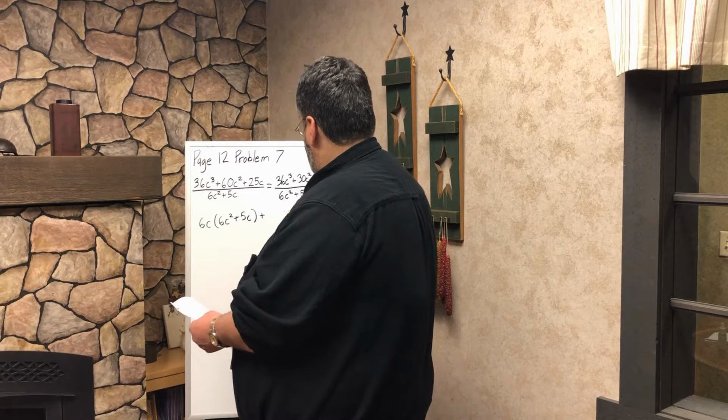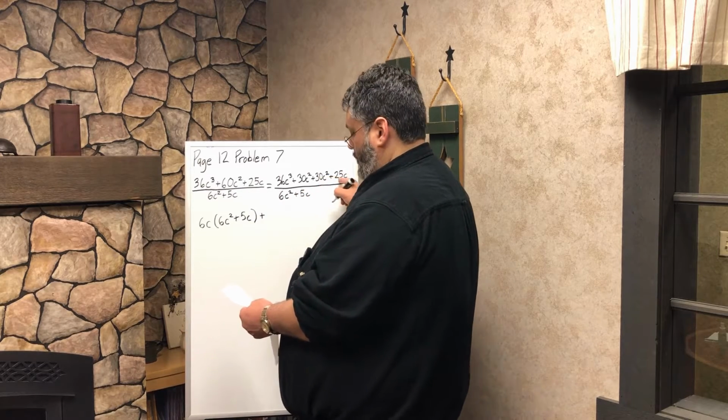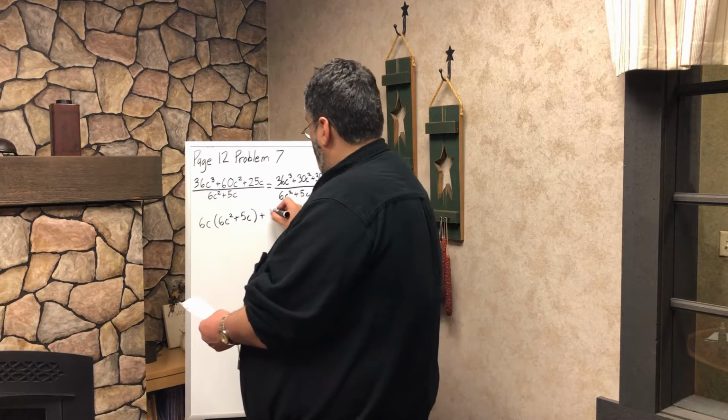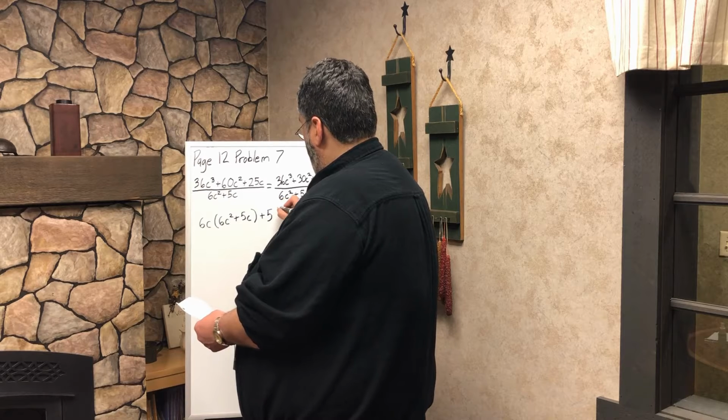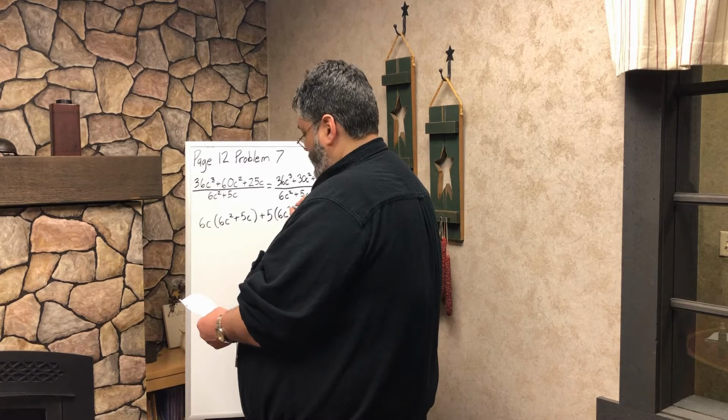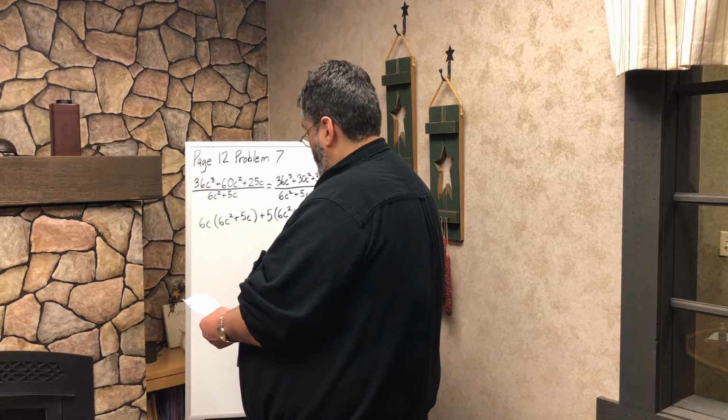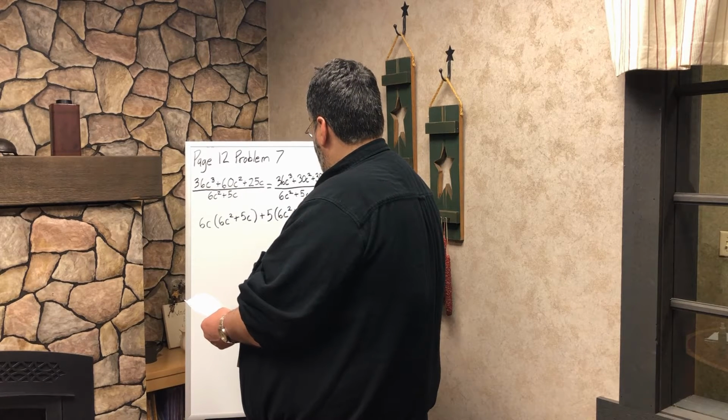This is plus, and we're taking the 5 out of here, plus 5 times (6c squared plus 5c).